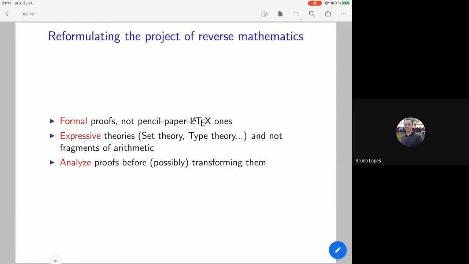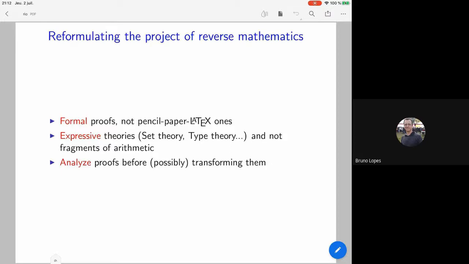The first one is that here we deal with formal proofs, so we are not really interested in transforming pencil and paper proofs. We want really to do that on formal proofs. Then we are not really interested in fragments of arithmetic, which is the core of reverse mathematics, but we are more interested in more expressive theories such as set theory, type theory, and so on.